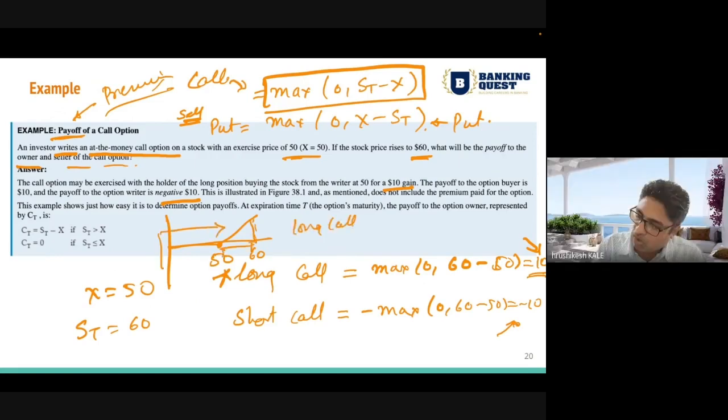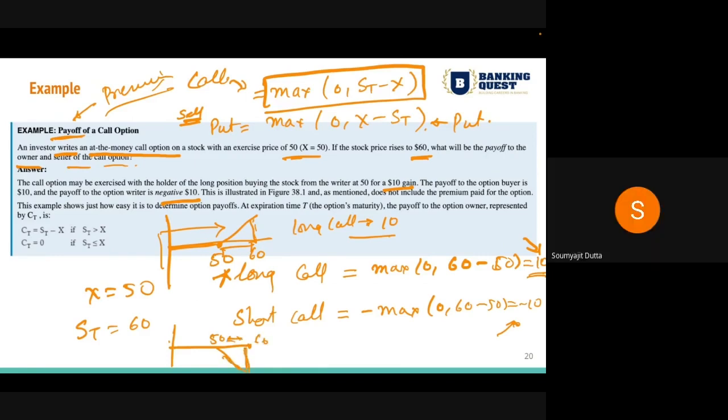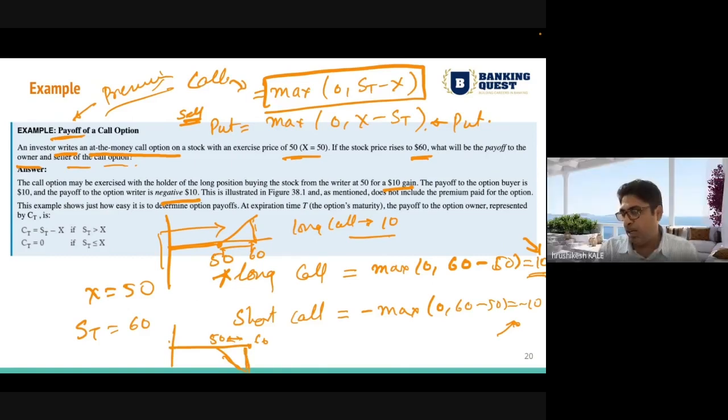So long call is 10 rupees. That is the payoff because we are not considering the premium. Let us draw a diagram for short call. This is 50. This is 60. Can you tell me by how much the short call is in loss? 10. So loss of 10. That's it. So if you do not remember this formula, draw a diagram.